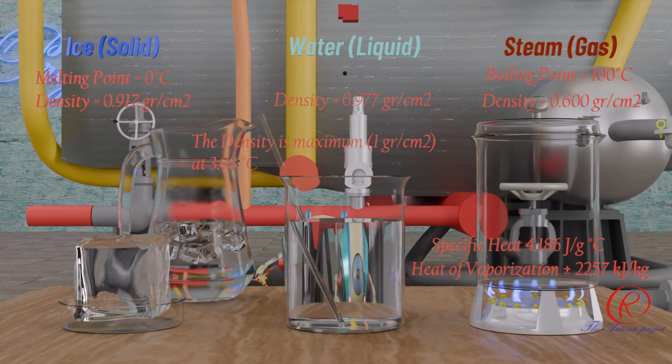This property causes ice to float on liquid water. Water: the density is 0.977 gram per cubic centimeter. The maximum density of water is 1 gram per cubic centimeter at 3.98 degrees Celsius. Gas: the boiling point is 100 degrees Celsius and density is 0.6 gram per cubic centimeter.